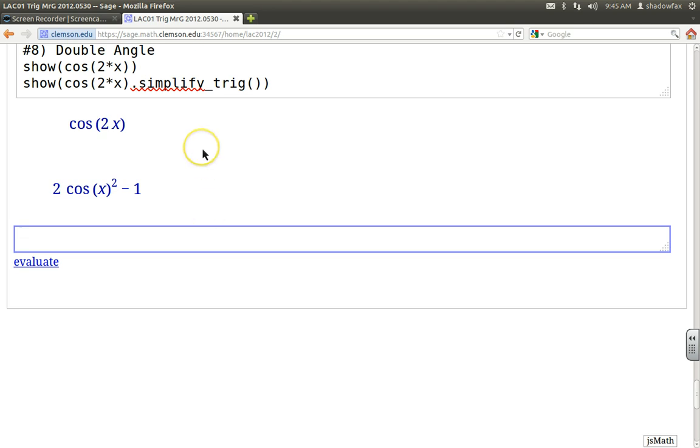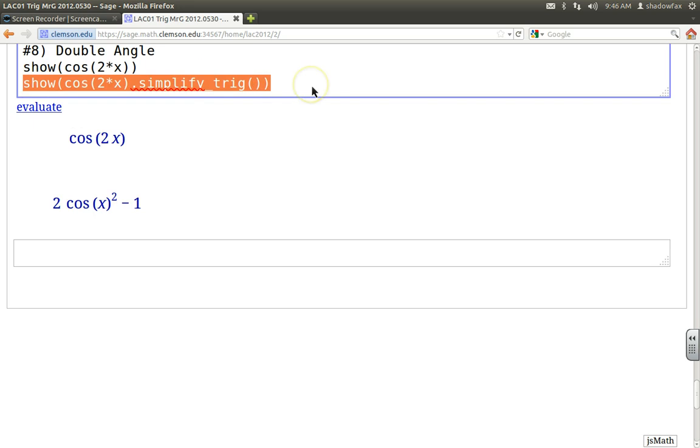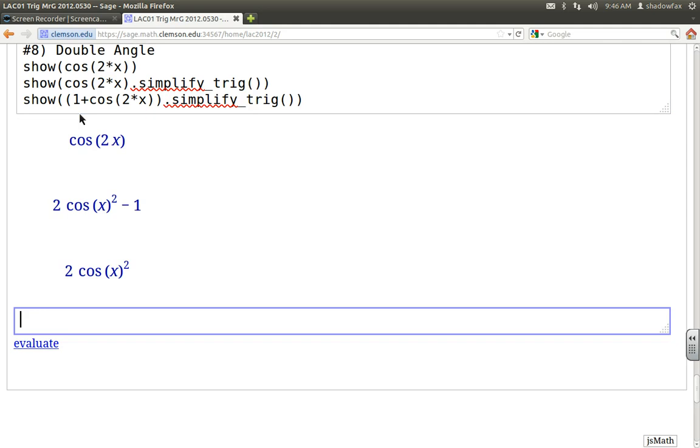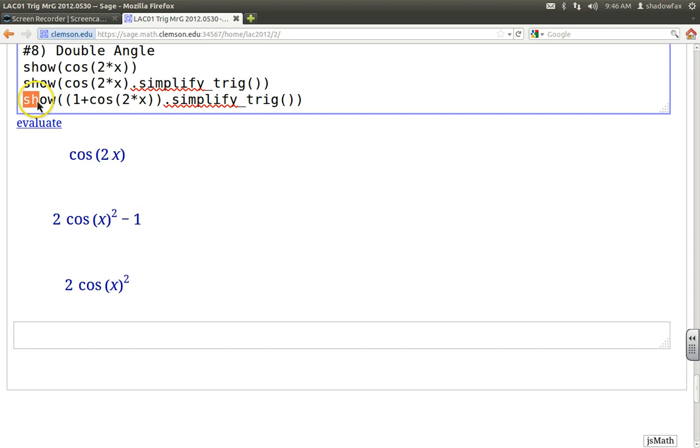Now remember what we said, that cosine squared was 1 plus this. So what if I add 1 to that? Let's do a 1 plus that in parentheses, simplify the whole thing. Well, that was silly. Okay. And then, of course, divided by 2.